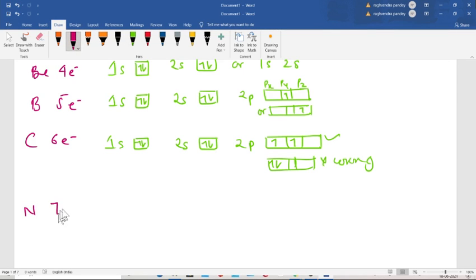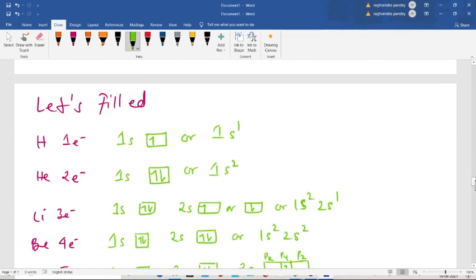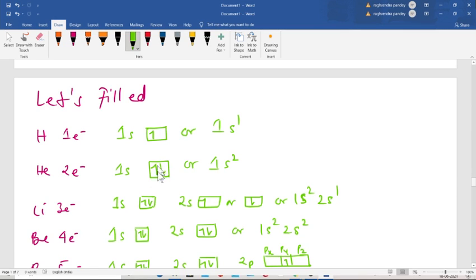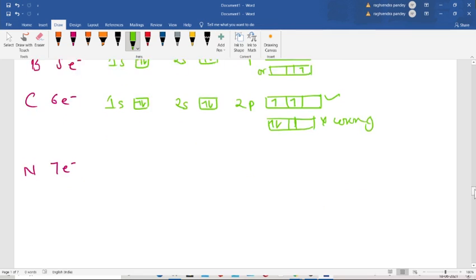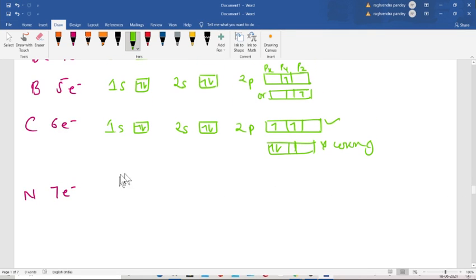If they are degenerate, don't fill like 1 electron into 1s and then 2 electrons into 2s. It applies for degenerate orbitals, px, py, pz, just like that. Then only you can do that. So again, nitrogen: 1s, then 2s.